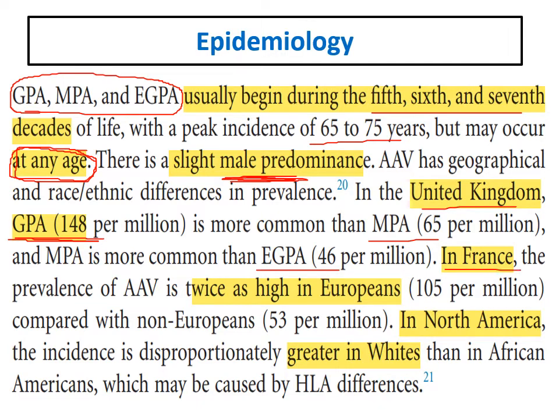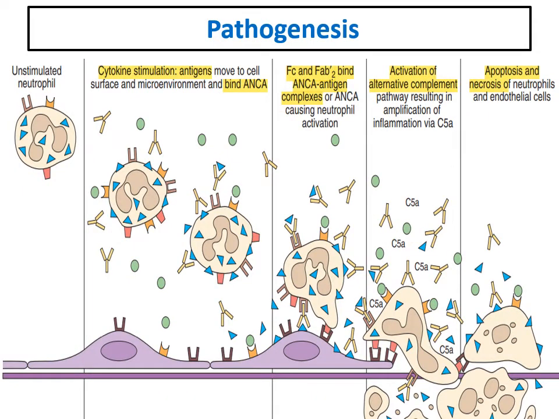In France, these vasculitides are twice as high as in other Europeans. In North America, these types of vasculitis are more common in whites than in African Americans. What about the pathogenesis?